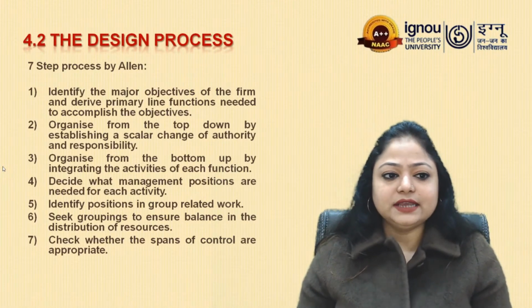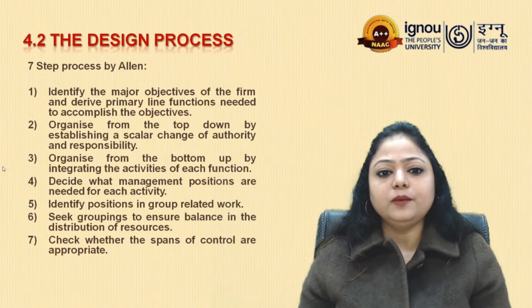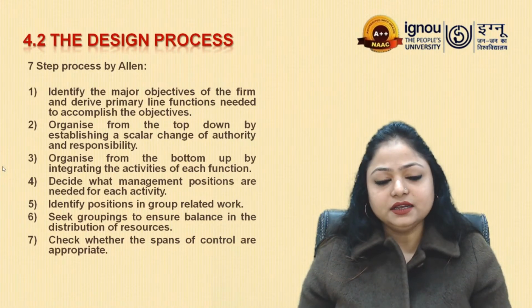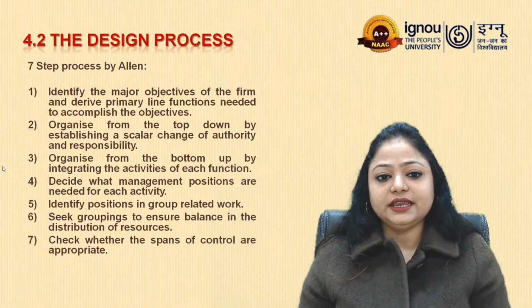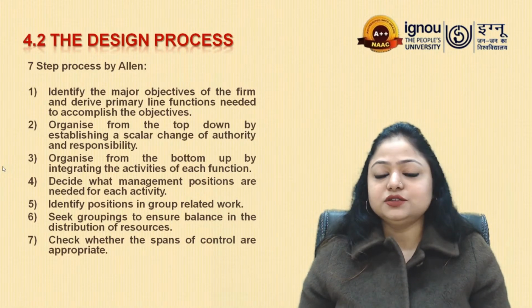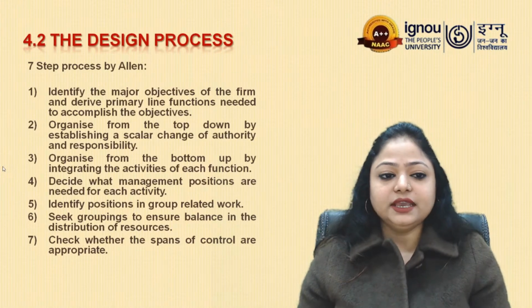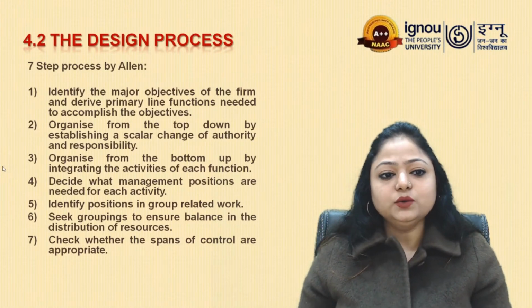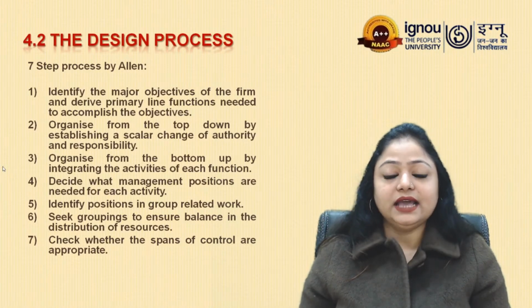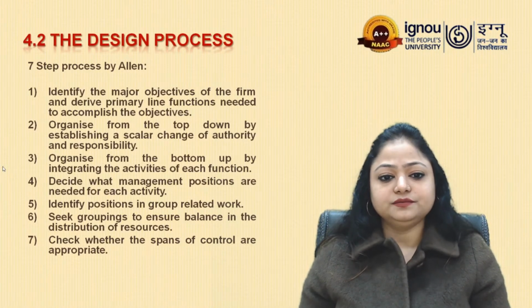The second step here is to organize from the top down by establishing a scalar chain of authority and responsibility. Here it is written chain, which should be scalar chain. Then the third one is organizing from the bottom up by integrating the activities of each function.